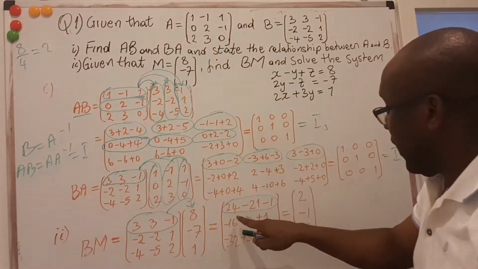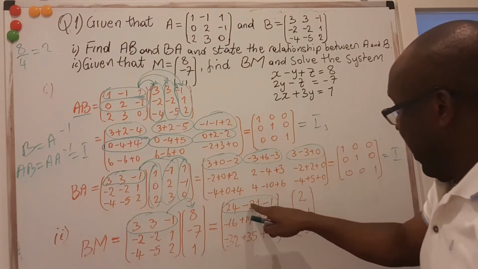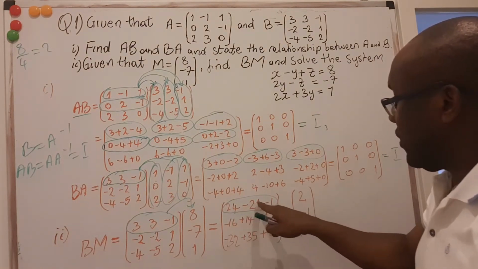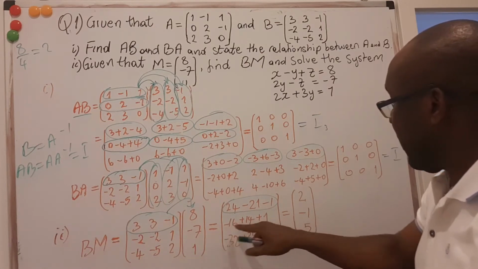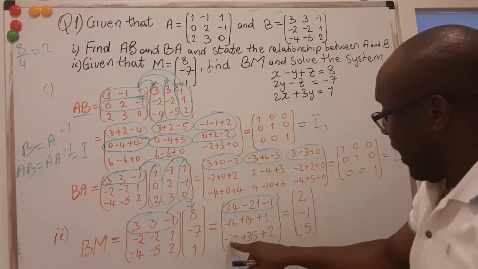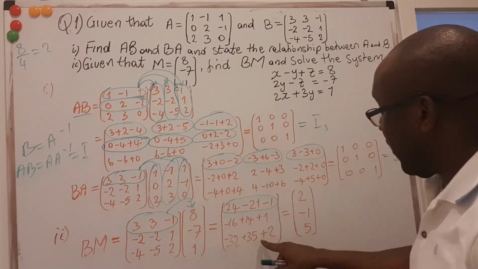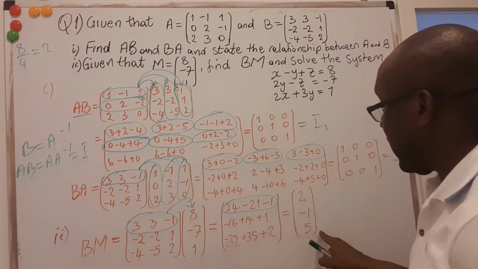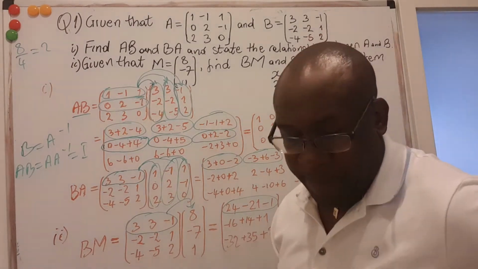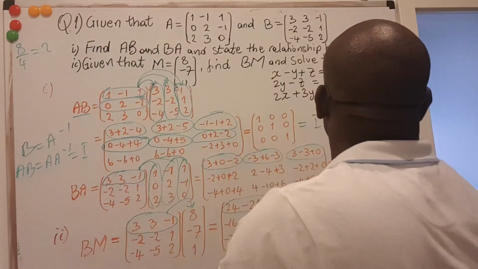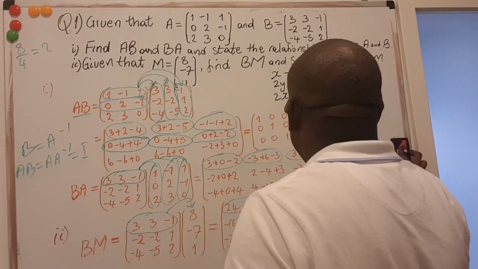Now, just to simplify that, we have 24 minus 21 minus that is 2, because this is minus 22. And you get minus 16 plus 14 plus 1, that is 15, minus that as minus 1. Minus 32 plus 35 plus 2, so that is 37 minus that, and that is 5. So this is my answer for B multiplied by M. I will erase the board and then we will look at the second part.